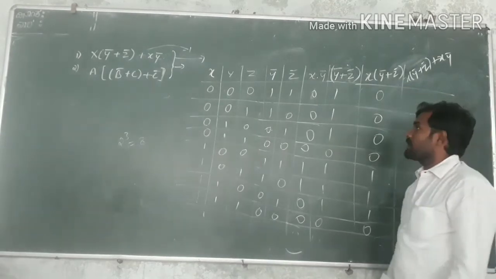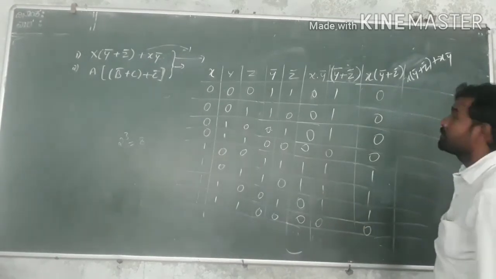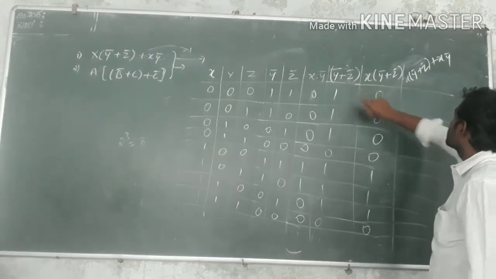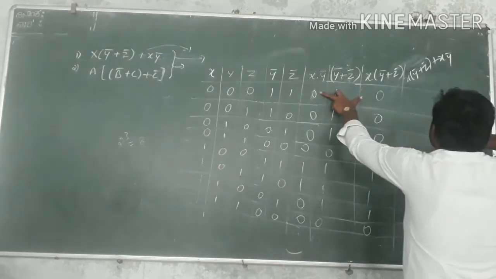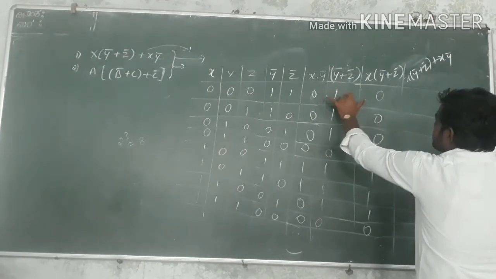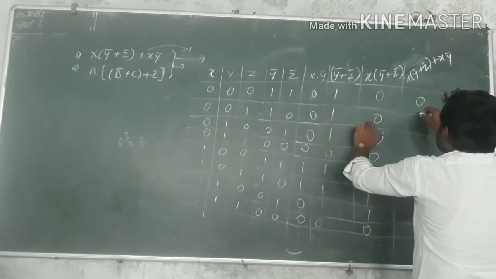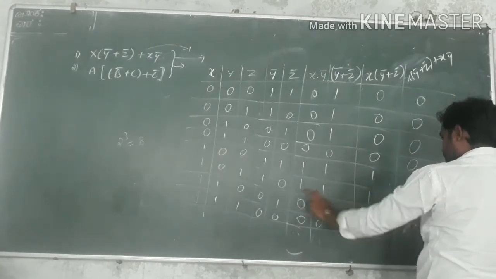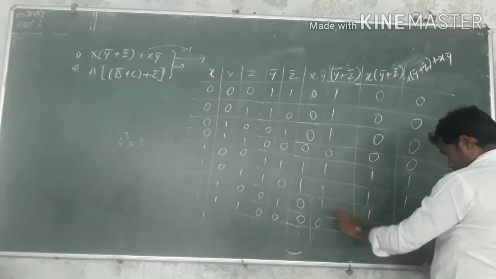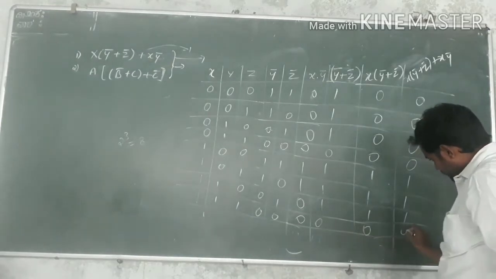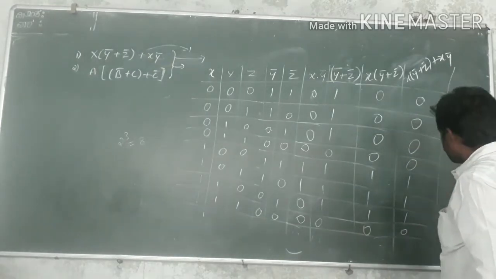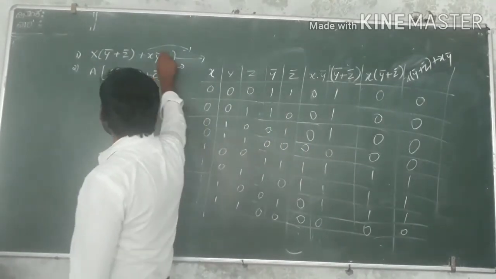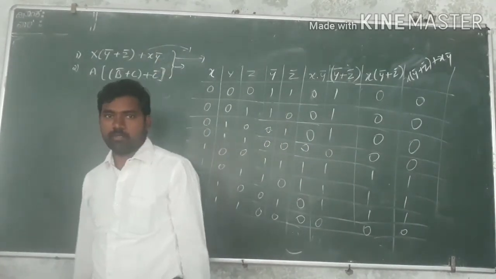After finding the value of the separate equations, then go for finding the whole equation, the whole term plus this term plus this term. So here is this term: 0 plus 0 is 0, 0 plus 0 is 0, 0 plus 0 is 0, 0 plus 0 is 0, 1 plus 1 is 1, 1 plus 1 is 1, 0 plus 1 is 1, 0 plus 0 is 0. This is the way of calculating the equation of this statement over here.